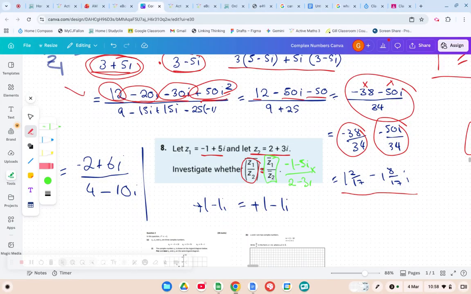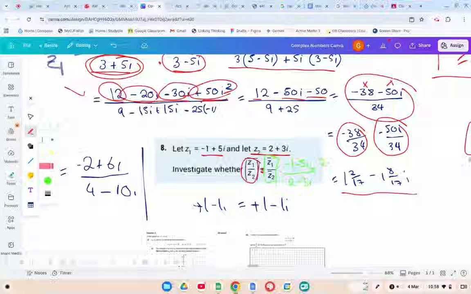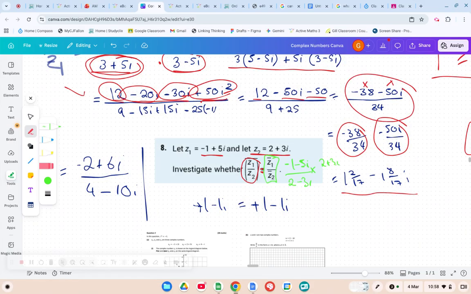And what am I going to multiply it by? The conjugate of the number at the bottom, which brings us back to 2 plus 3i. You've gone back again to the original complex number. The conjugate brings you back to the original number. You multiply the top bits and the bottom bits, and you generally end up getting this answer. I would ask you, if you weren't in class today, make sure you're able to do that.